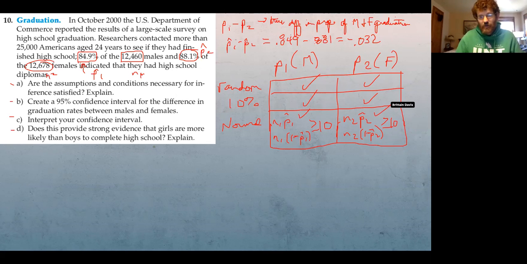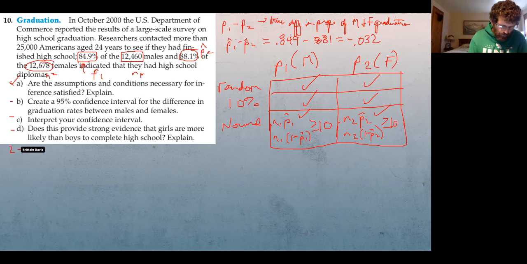I could be more thorough and actually do the calculations, but it's not necessary. So I checked the assumptions. Now I'm going to be doing a 2 sample z interval. That is how I would describe the process I'm about to do.